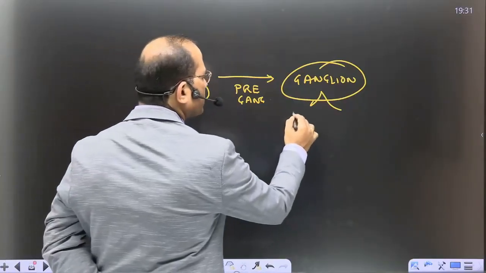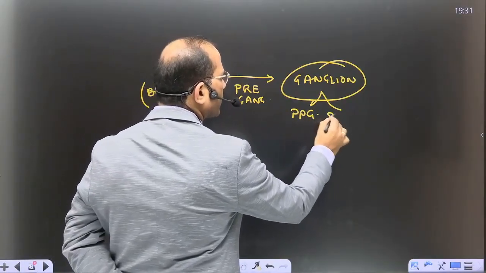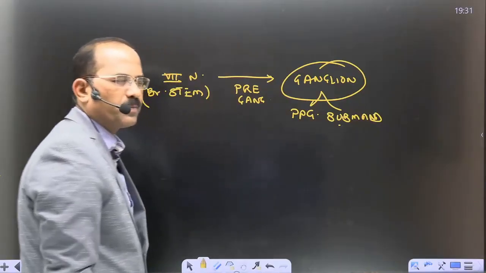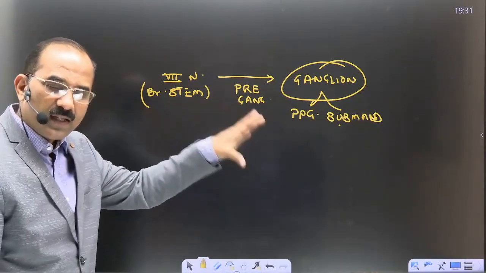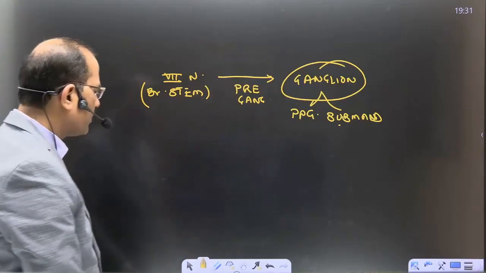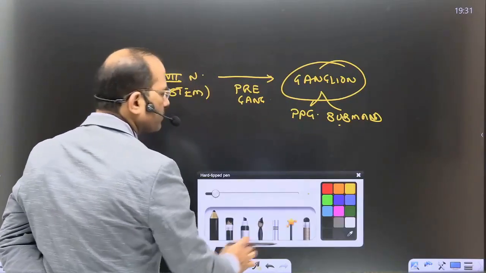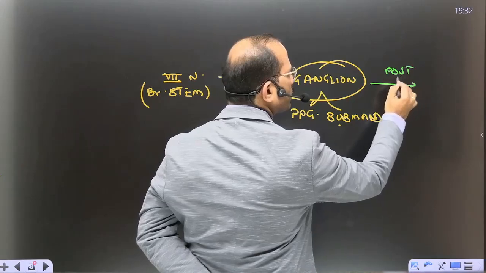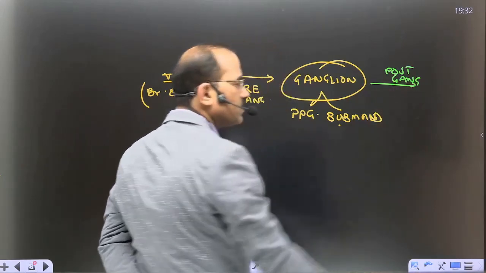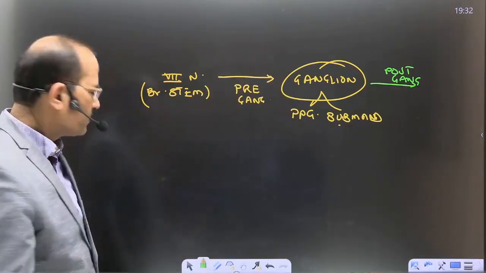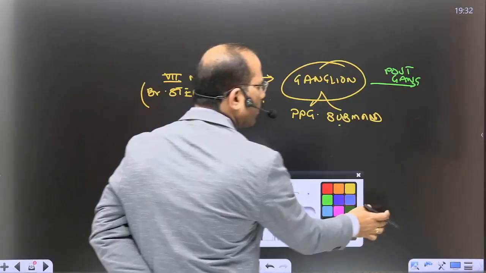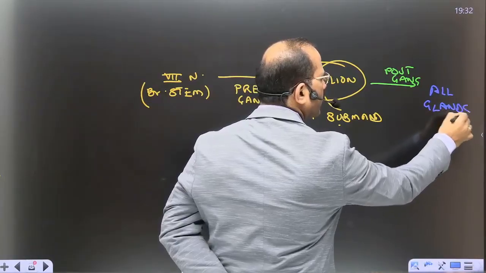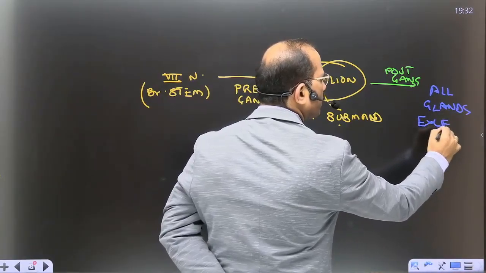One is the pterygopalatine ganglion and the second one is the submandibular ganglion. Once the fibers relay in these two ganglions, what would begin from this ganglion? The postganglionic fibers. And what are these postganglionic fibers going to supply? These postganglionic fibers will supply all the glands. Now this we'll see now, except parotid.